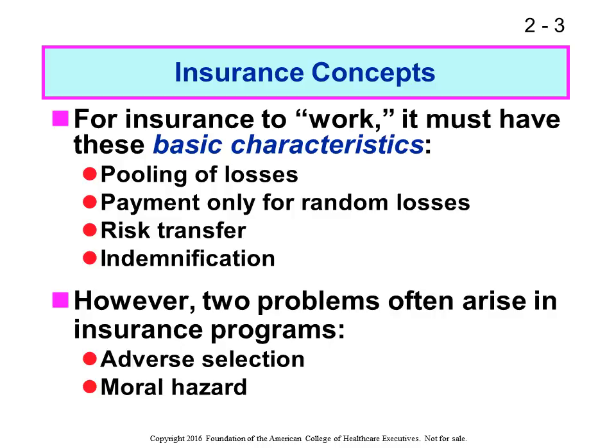If I'm a person that doesn't have insurance, but I need a surgical procedure that is very costly for me, I'm going to likely see if I can find me some insurance if I can afford it, because I know I have this procedure that needs to be done that's going to cost me some money. Versus if I was an individual who did not need the surgery, I'm less likely to purchase insurance.